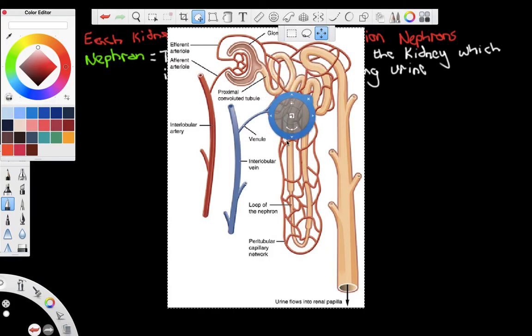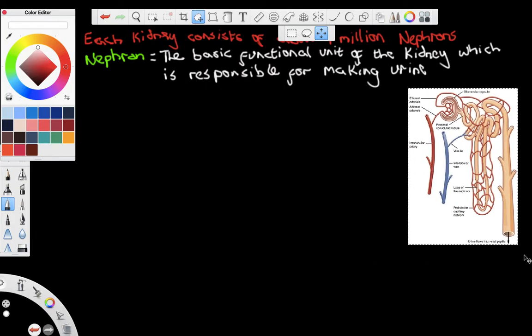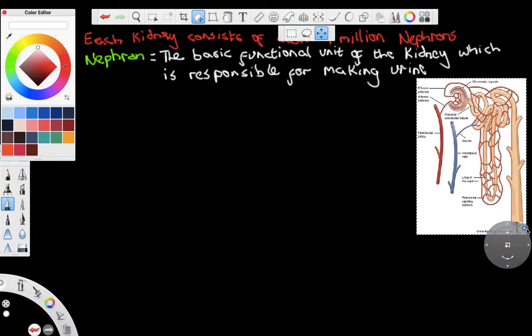We would then have our loop of Henle, followed by our distal convoluted tubule. After the distal convoluted tubule, we've got the collecting duct. Okay. So we need to talk about each part of the nephron and what each part does. If you want that image in a bigger picture, it is on the PowerPoint that I've shared with you.